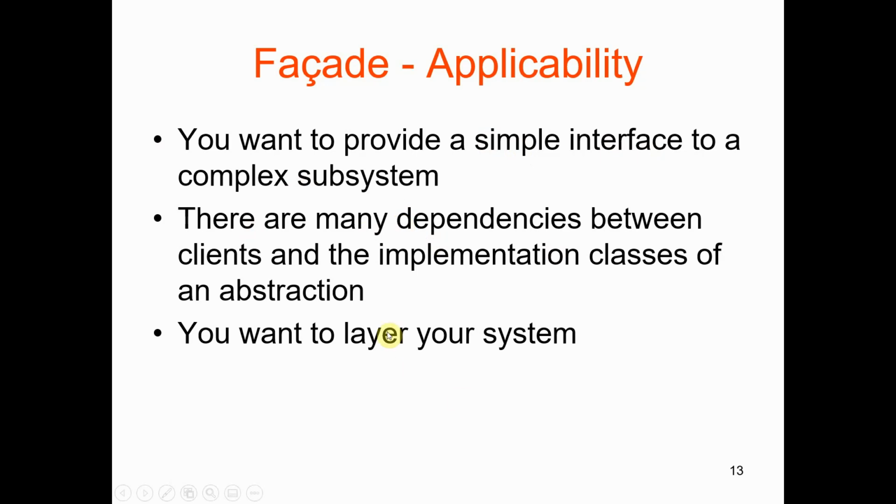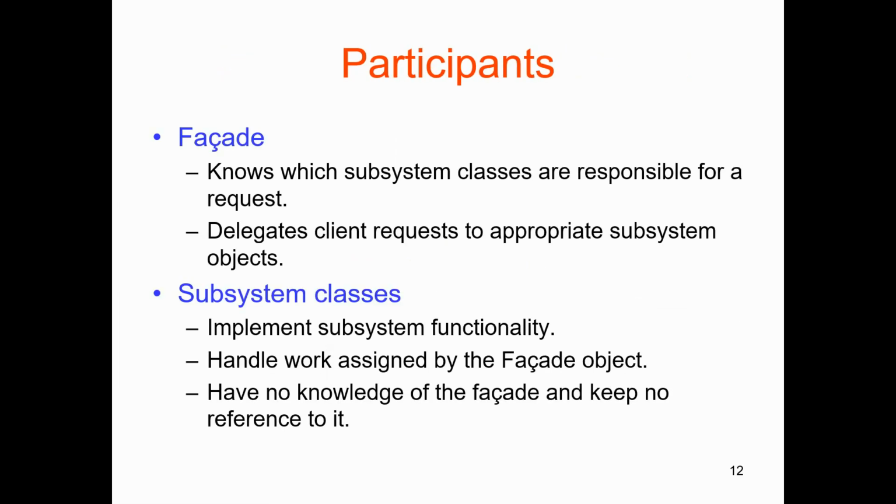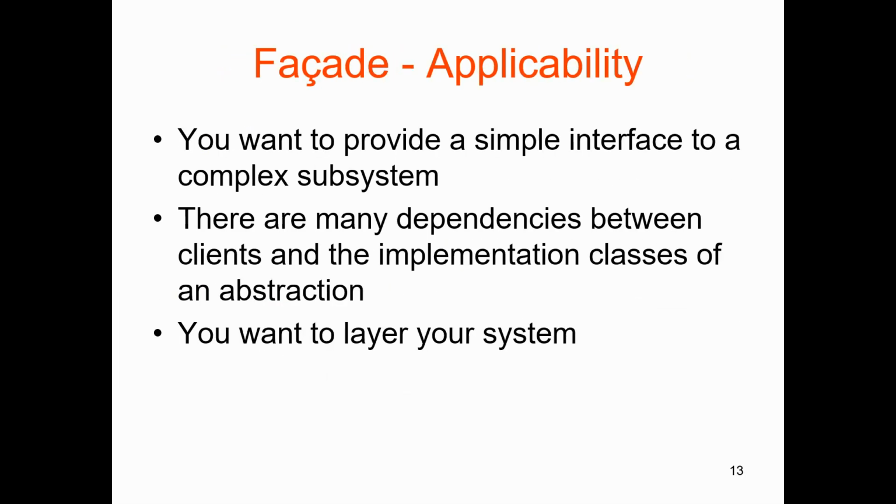Also, the facade is a natural structure for a layer. If you have multiple subsystems, and for each subsystem you have a facade, you will see the facade itself becomes a new layer. So if you want to layer your system, then you're actually using the facade.